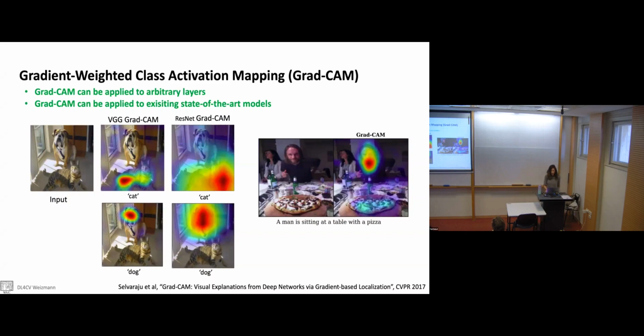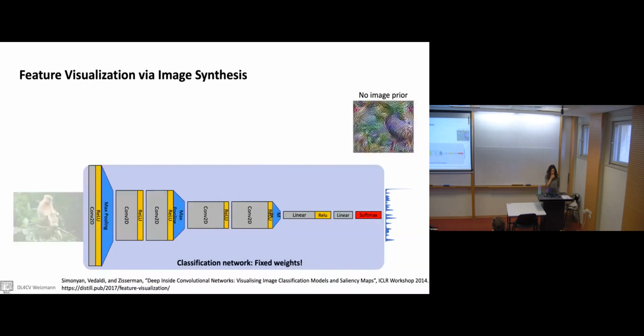Okay, so let's move on. All the methods that we saw so far have been used to explain a given input, a given image. But what if we want to ask something far more general, which doesn't depend on a given input?